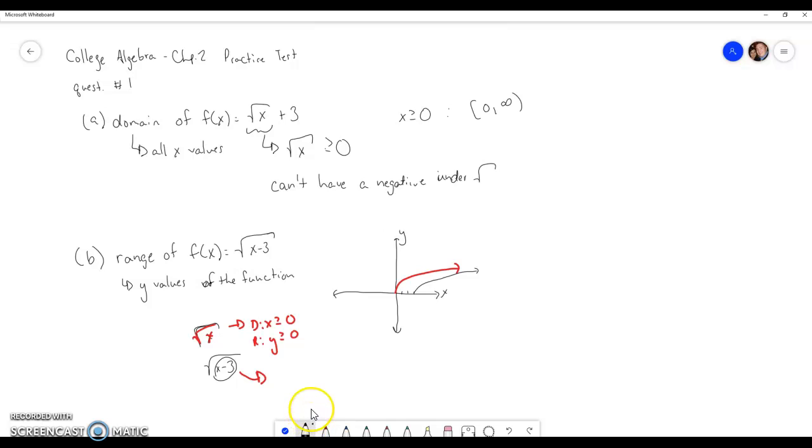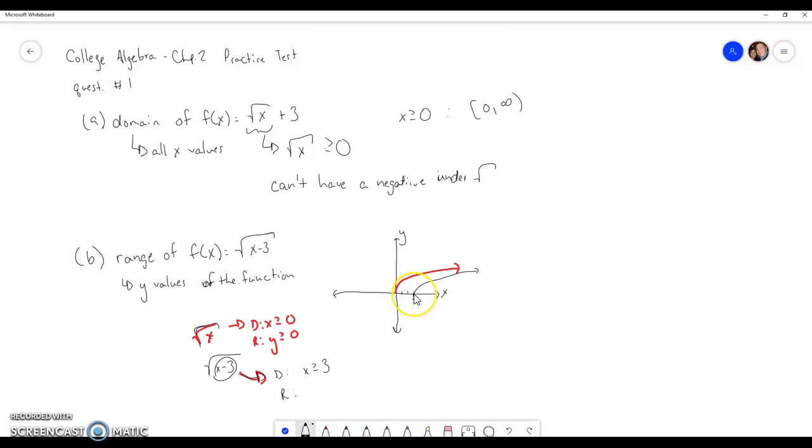For our square root of x minus 3 function, it changed our domain, right? Our domain starts at x at 3 now, right? So our domain is that x needs to be greater than or equal to 3, but it hasn't changed our range, right?